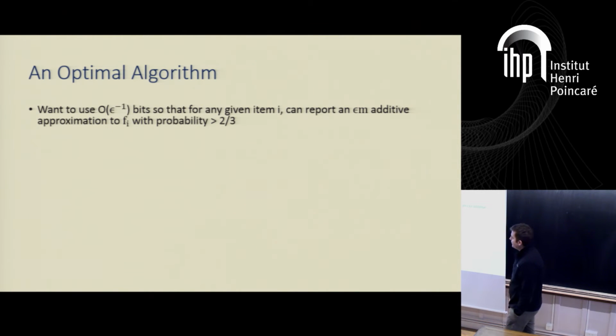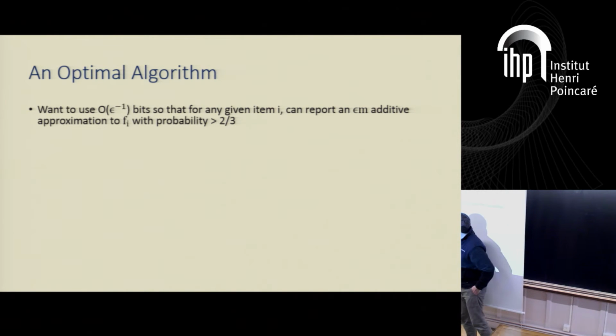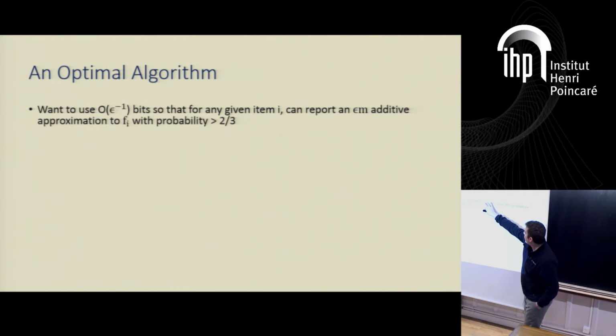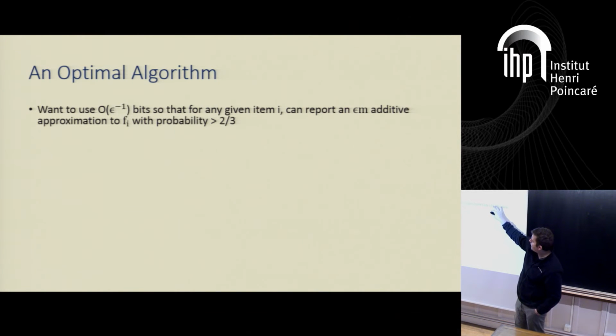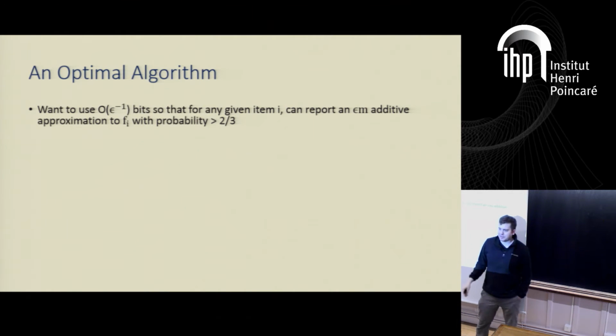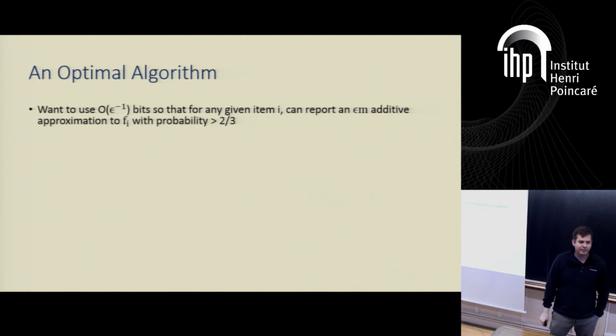What we want is to use order 1 over epsilon bits so that for any given item i, we can report an additive epsilon m approximation to its frequency with constant probability, say at least 2/3. Suppose we had a basic data structure that could do this.